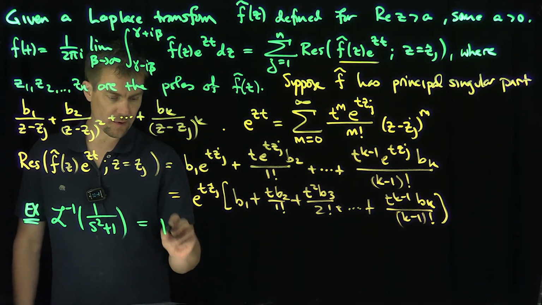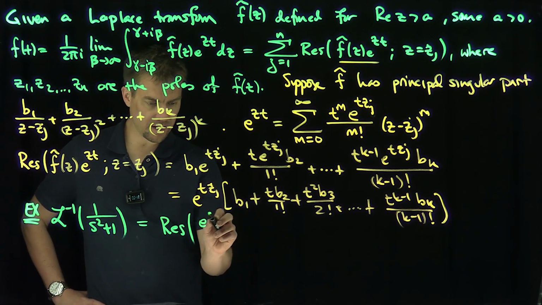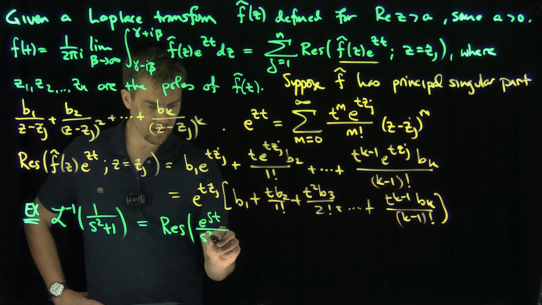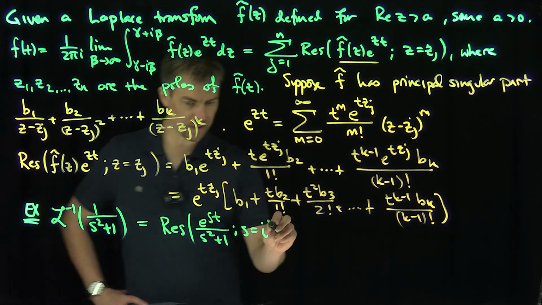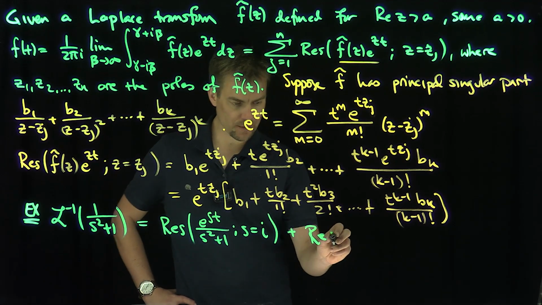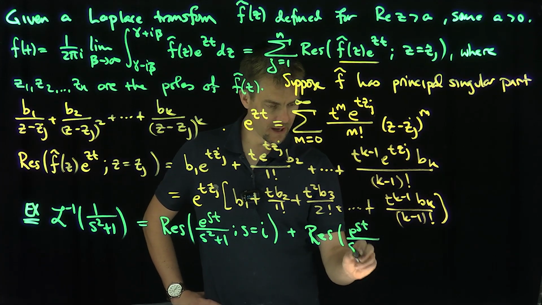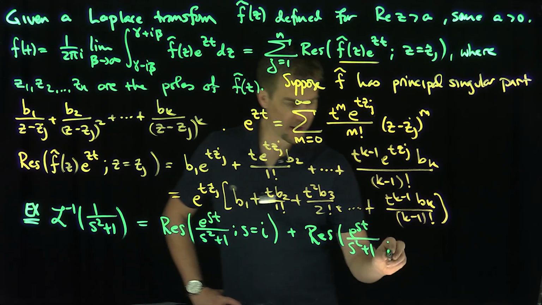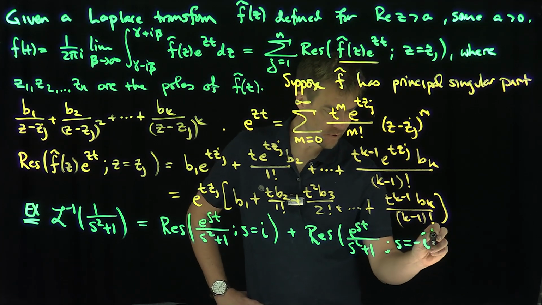This is going to be the residue of e to the st over s squared plus 1 at s equals i, that's a singularity, plus the residue of e to the st over s squared plus 1 at s equals negative i, okay?